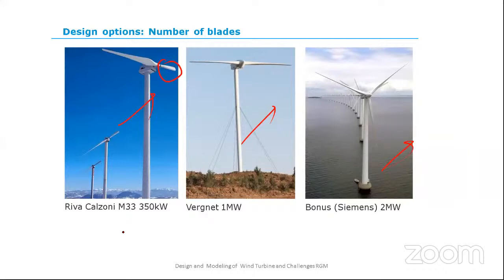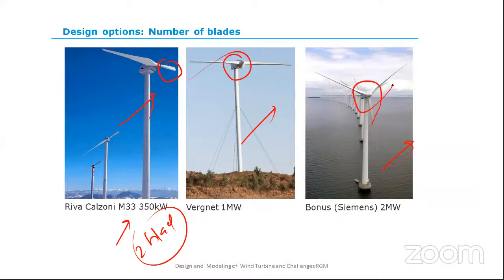With a single blade, you can reduce the cost, but it will generate a large amount of noise. With two blades you can reduce it, but I need an additional mechanism, a teetering mechanism, which I have to place here. The three blade is the perfect design, I can make it. So now I have to think whether to go for one blade, two blades, or three blades.